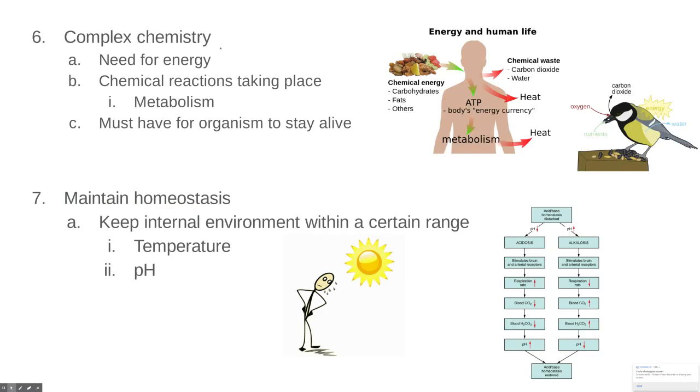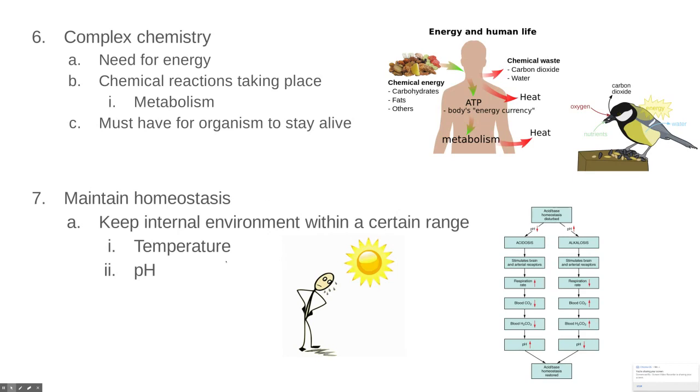Complex chemistry, a lot of times you'll see this as need for energy. We have chemical reactions taking place constantly in our body. We call this metabolism. We've got to have this energy, and our body has to do these chemical reactions for us to stay alive. Maintain homeostasis. Our internal environment needs to stay constant, within a certain range.